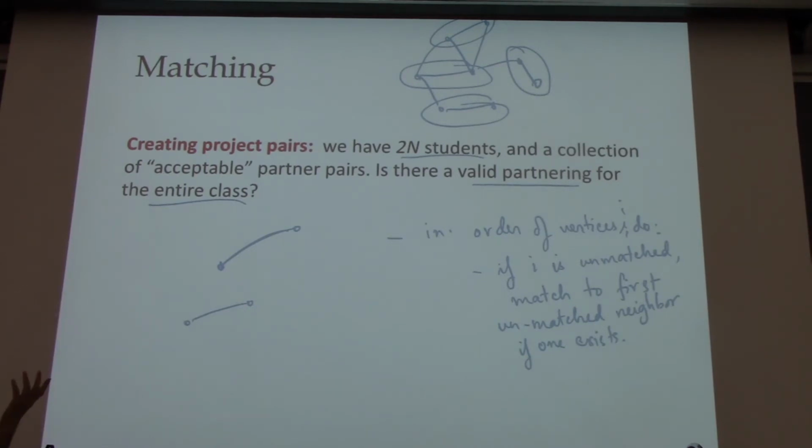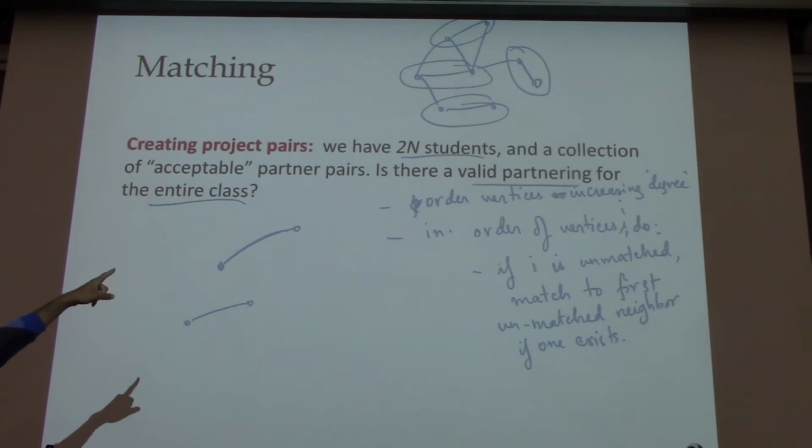That's very reasonable. So you can first pre-order vertices by increasing degree. By degree, I mean degree in this graph that has all the acceptable pairs.